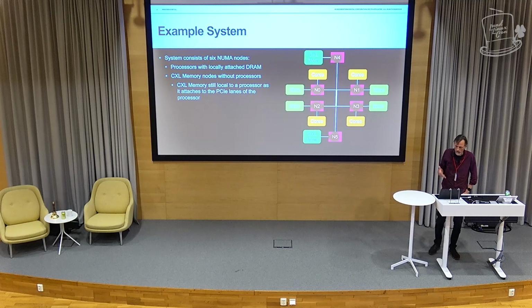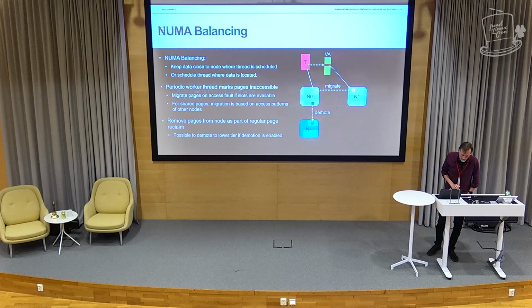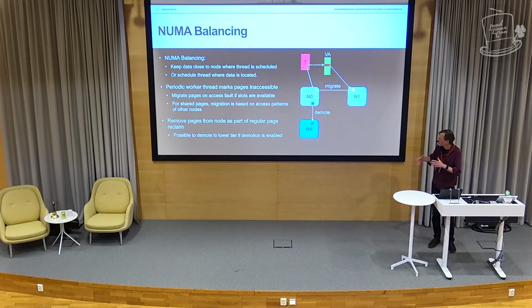If we look at how normal NUMA scheduling works for Linux, the goal is to keep data close to the thread that's using it. So when memory is often referenced by a given thread, you want that data close to the thread on the same NUMA node.